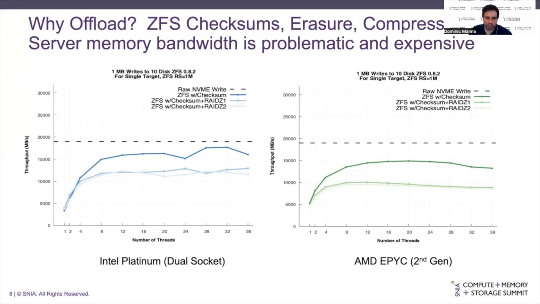So a little bit more of a calculation than a checksum. And then the final one is RAID Z2, which is adding two parity drives. And as we see, performance is degrading, but as we add the computation for RAID Z1 versus RAID Z2, it doesn't degrade anymore. So this was one of our first light bulbs that said memory bandwidth might be a problem.